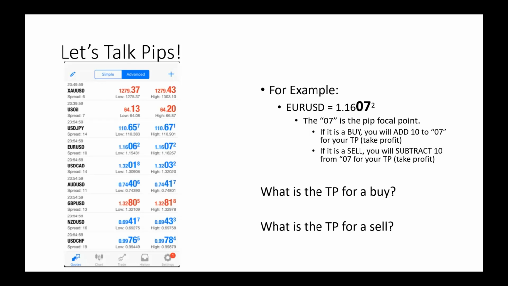So you're going to add 10 to the 0 and the 7, because the 0 and the 7 is what's standing out. That's the 3rd and the 4th number after the decimal point. If we're buying it, you're going to add 10 pips to the 0 and the 7. And if we say we're going to sell EUR USD for 10 pips, then we're going to subtract 0.7.